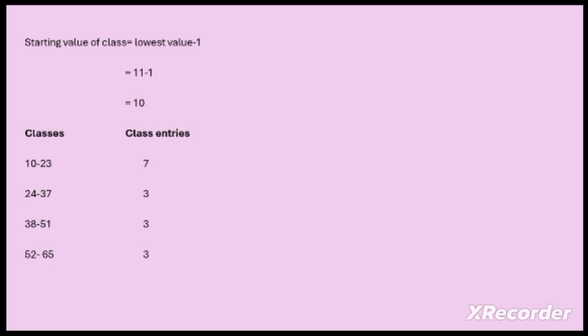There are three numbers between 52 and 65. The width of each and every class will be 14, so in our last class there are two numbers between 66 and 79.